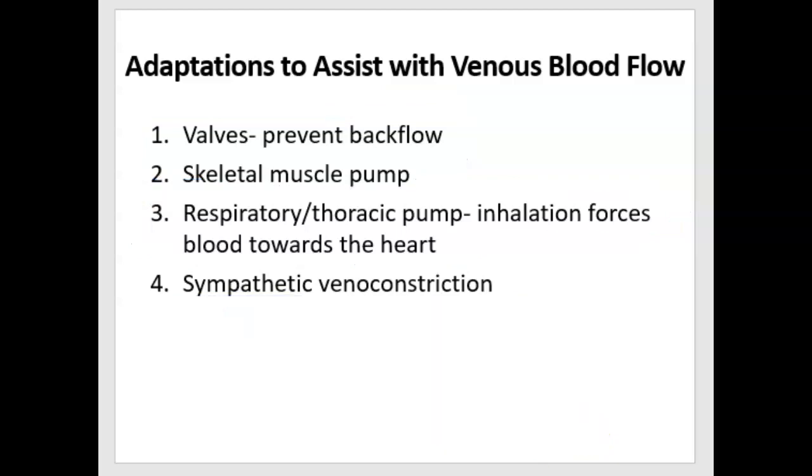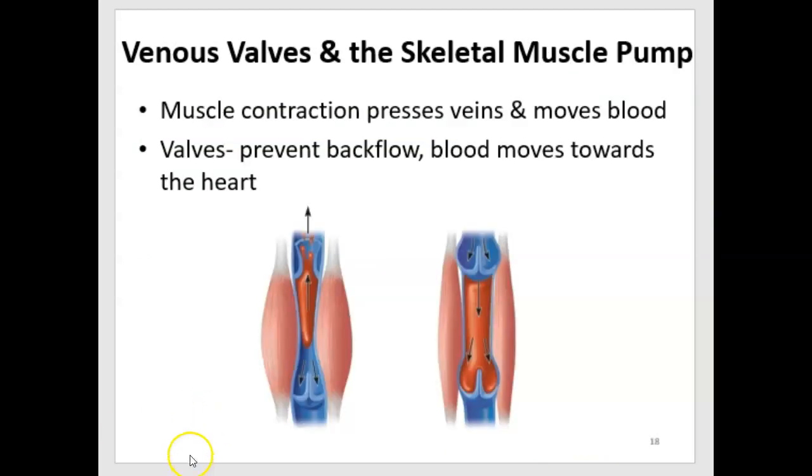So let's first look at the valves and the skeletal muscle pump, which promote blood flow in the veins. You've learned already that the veins have valves. And if you have multiple veins entering this particular larger vein, you've got a large volume of blood getting pushed upwards.